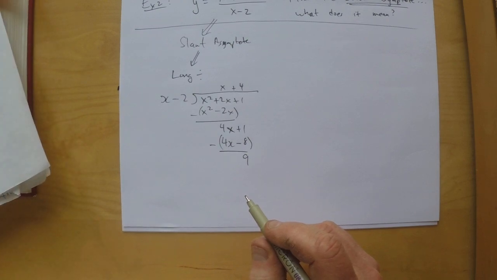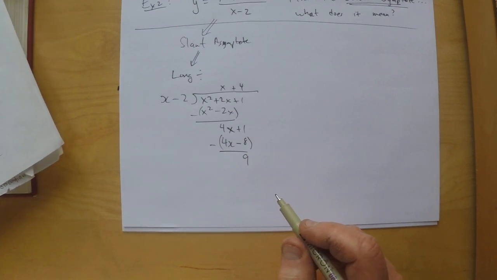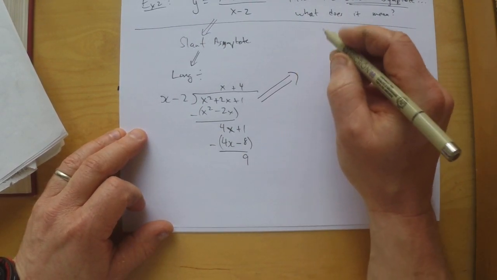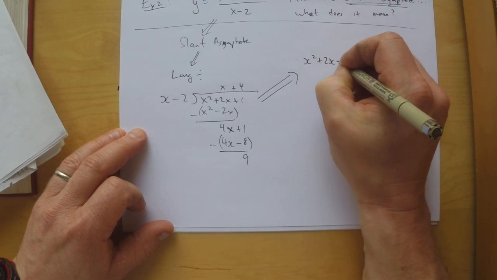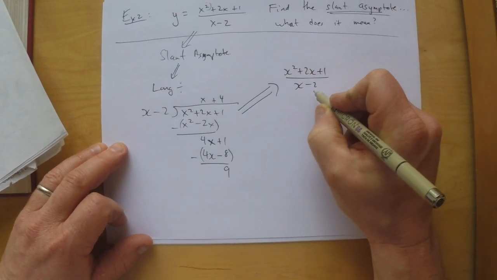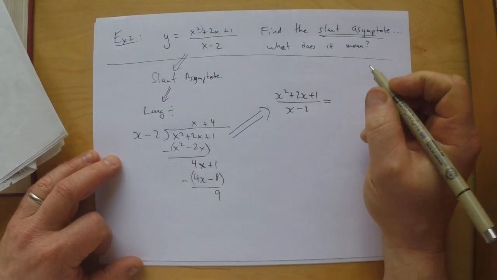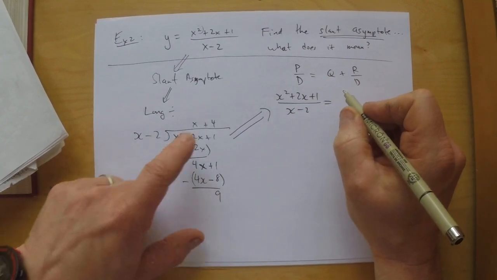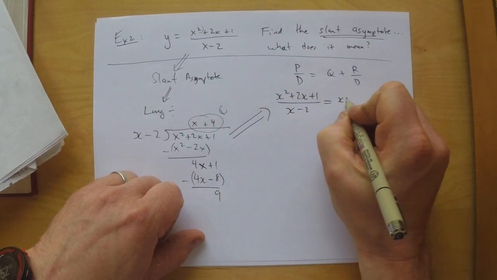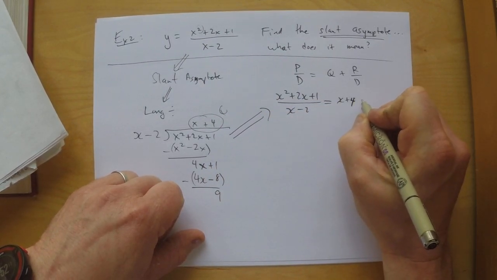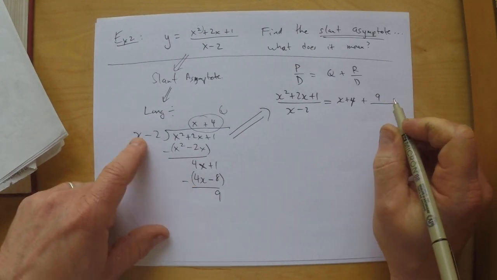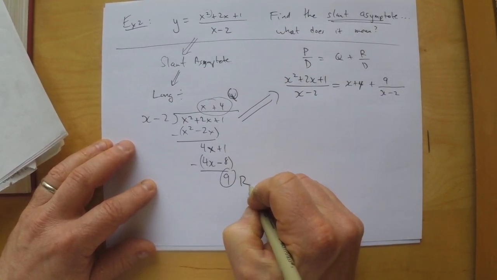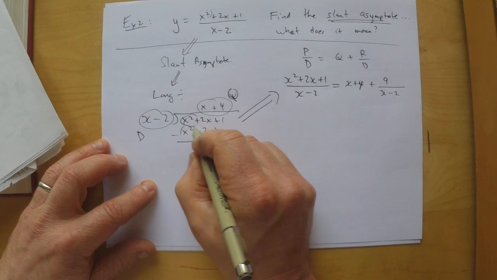And remember, the whole purpose of this question is I'm going to rewrite this function as, because now we've shown that this polynomial divided by that x minus 2 is equivalent to, remember, p over d equals q plus r over d. There's my quotient, x plus 4. My remainder is 9 divided by the divisor, which is x minus 2. So remember, quotient, remainder, divisor, polynomial.